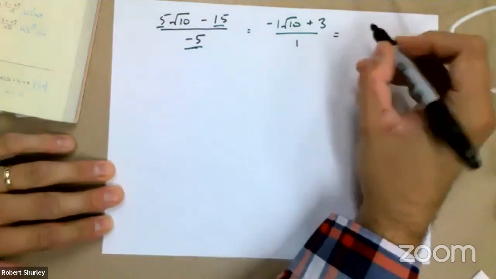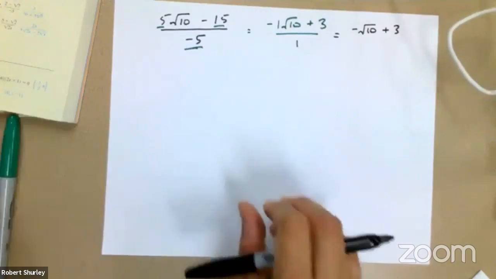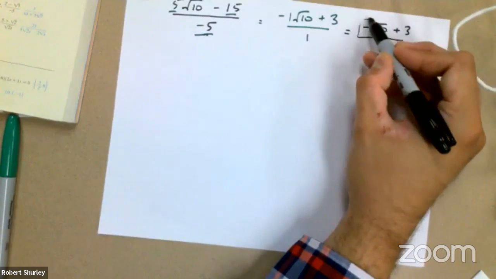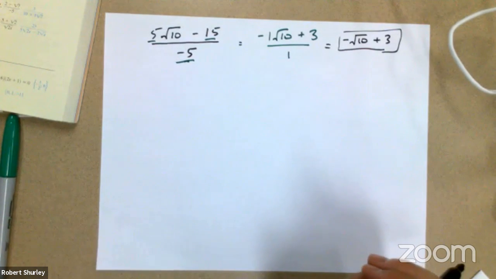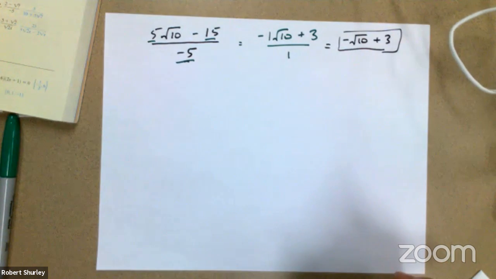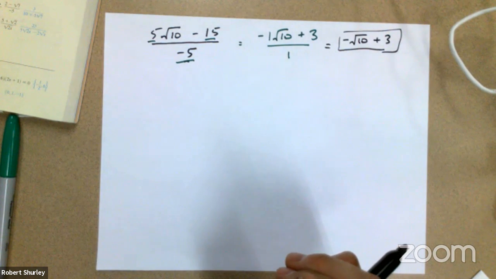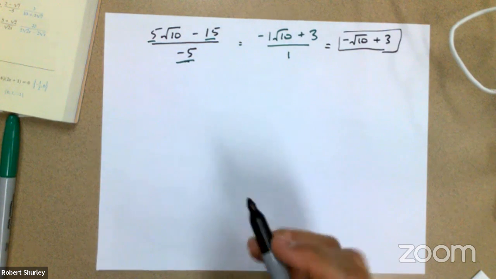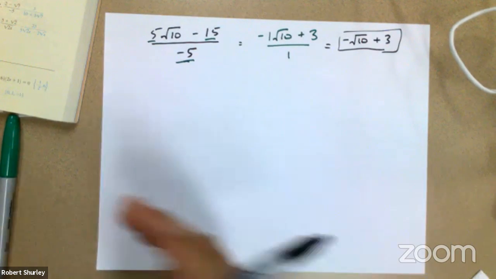Now I'd write that as negative square root of 10 plus 3. Negative square root of 10 plus 3. Not a big deal. And you could even wind up with like 4 terms in the top and bottom.